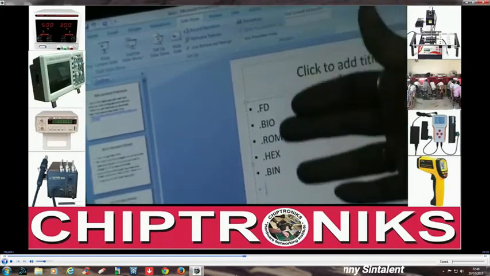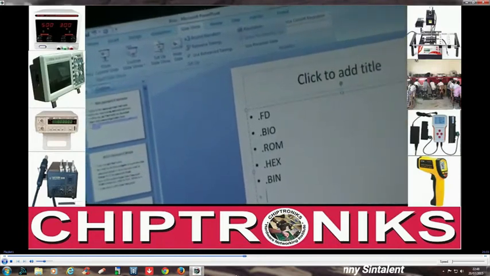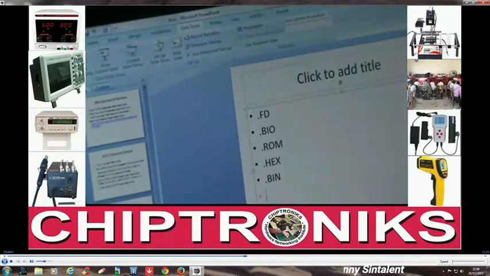This is the format; different kinds of file formats are available.